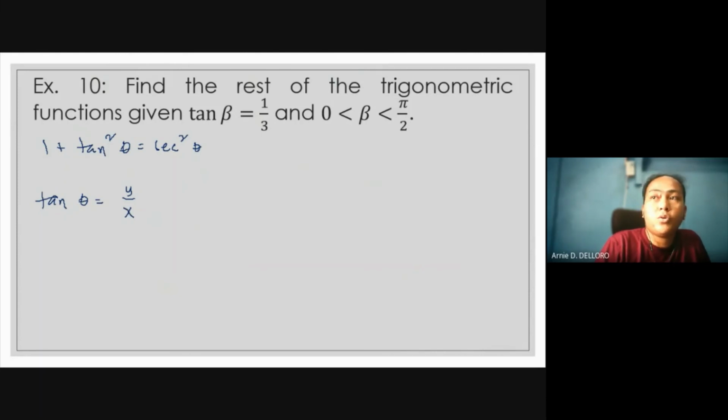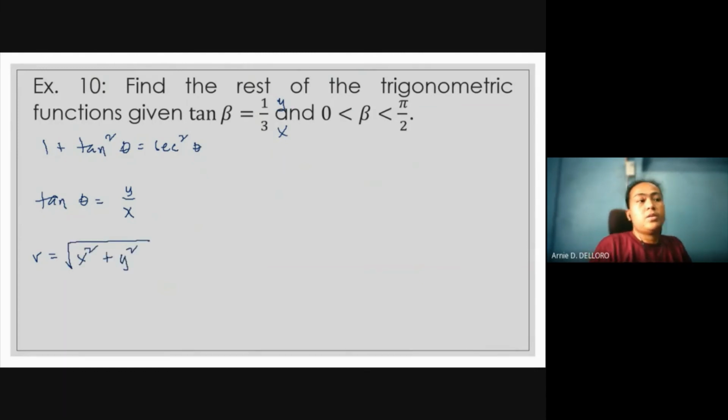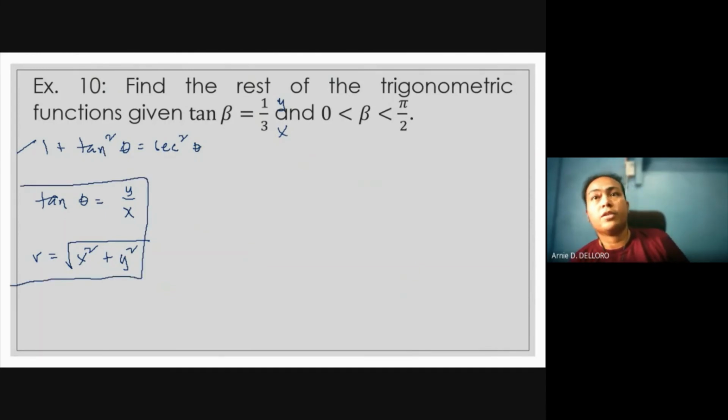So we may assume that the 1 here is the coordinate of y and the 3 is the x. Then afterwards, you can use r equal to square root of x squared plus y squared. So you may use the identity or you may use the concepts that we have discussed in the circular functions.